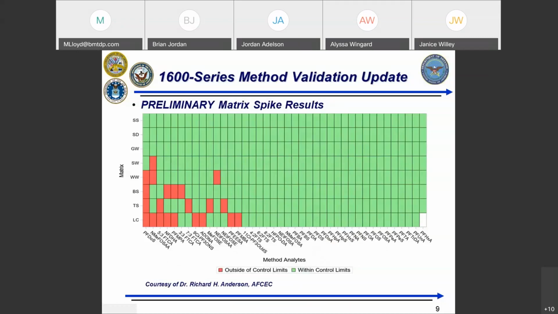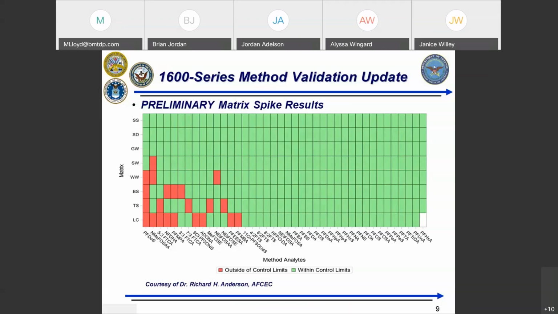Next, we have matrix spike results. The average of the native concentrations of the 3 replicates of each unspiked sample was subtracted from the 9 matrix spike results, and the percent recoveries were calculated. For this heat map, the mean recovery of each analyte was evaluated against acceptance criteria of 70 to 130% recovery.